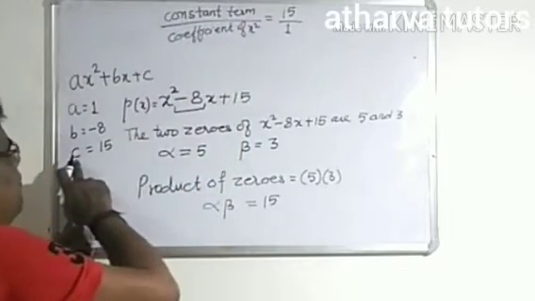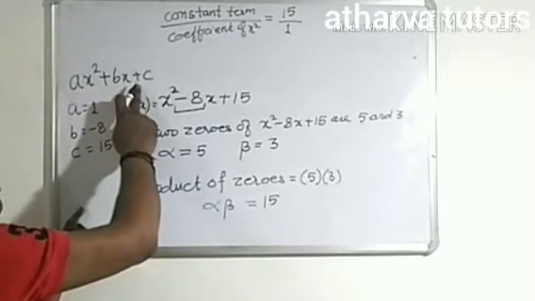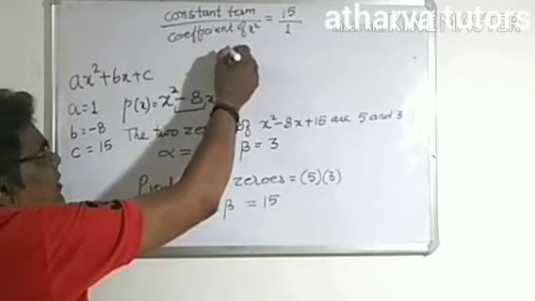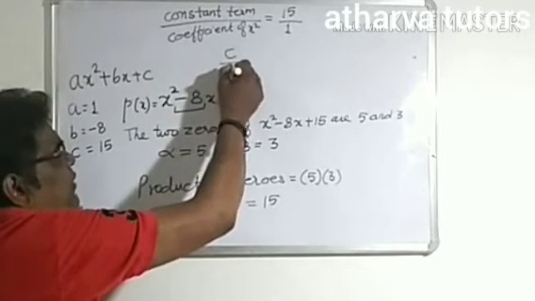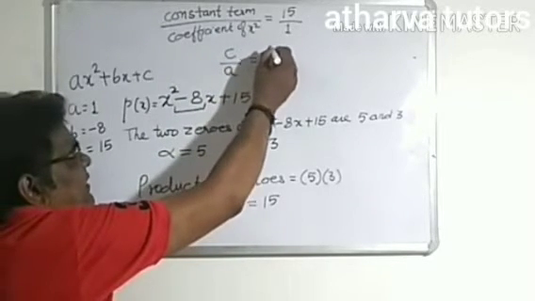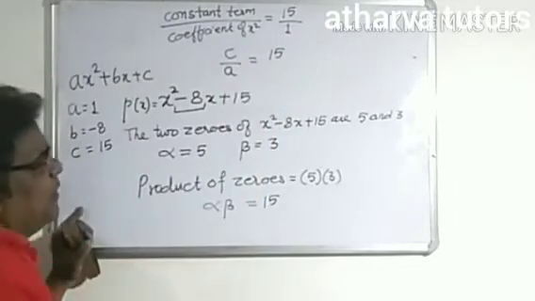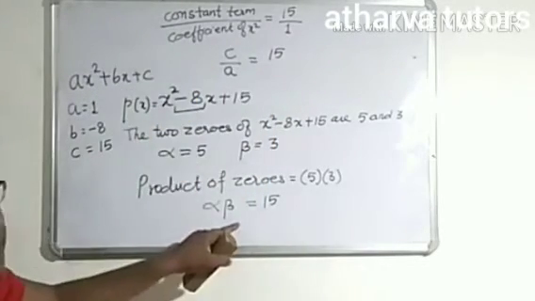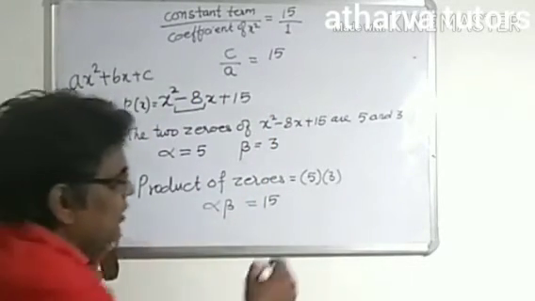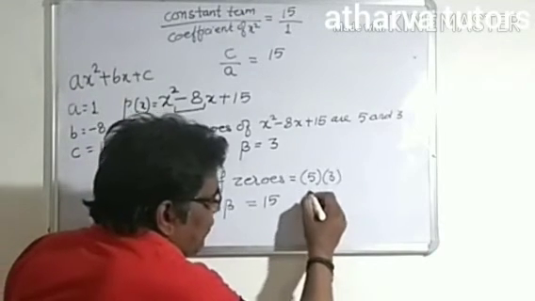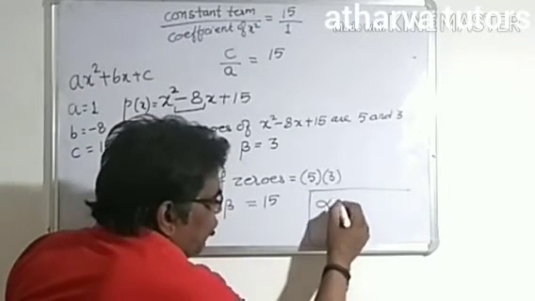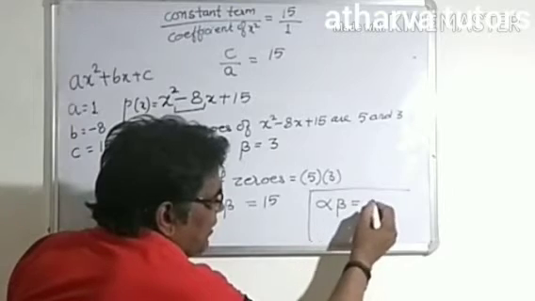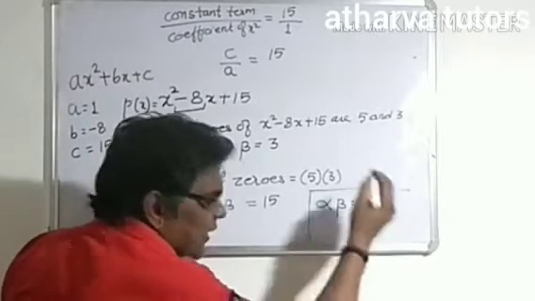As per the general form, the constant term is c and the coefficient of x square is a, so you can say c upon a equals 15. This is the same as the product. So you can find that the product of zeros, alpha beta, is equal to c upon a.